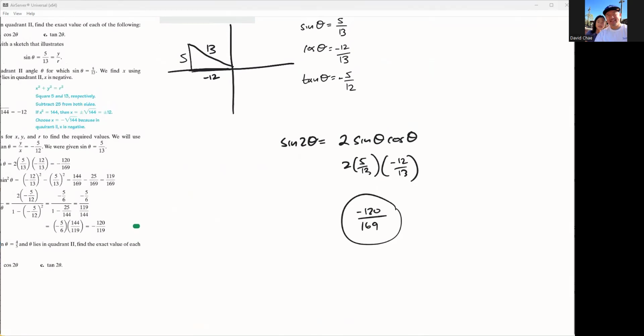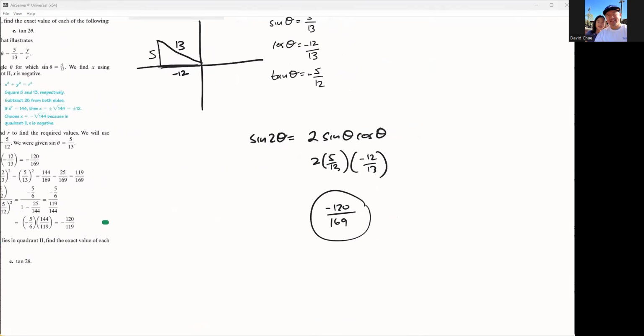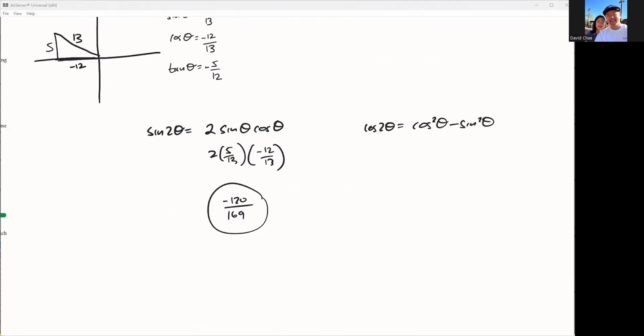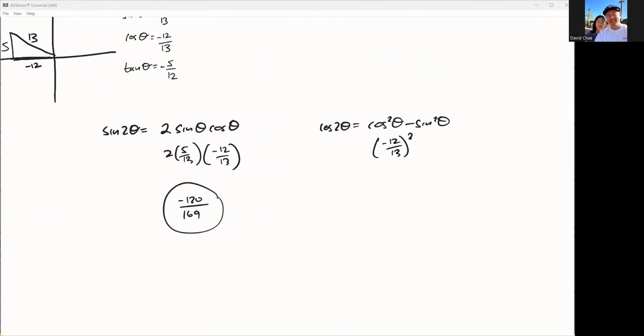If we want cosine 2 theta, that's cosine squared theta minus sine squared theta. So cosine theta is -12/13 squared minus sine squared theta, 5/13 squared.